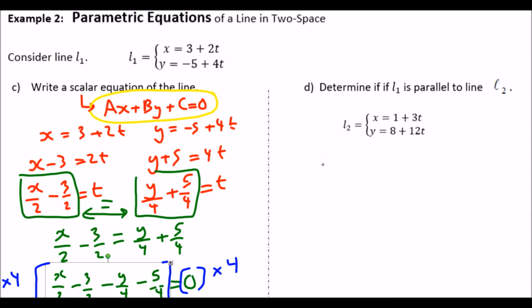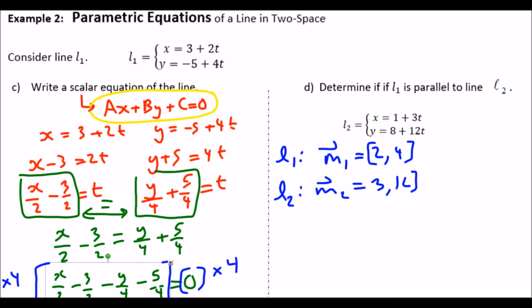The first one, M1, is for my L1 line. M1 is equal to (2, 4). If they're parallel, the direction vectors would be scalar multiples of each other. L2 would be my M2, and from here it's (3, 12).